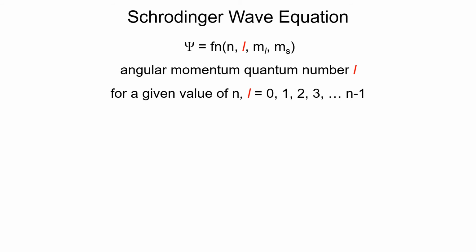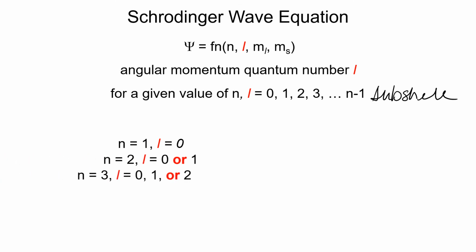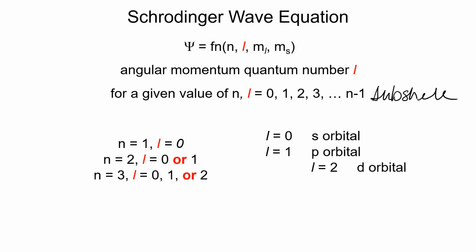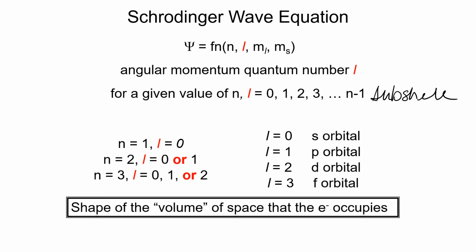You could also think of this as being a subshell. So we have the principal shell, and now we have a subshell. But what it describes is the shape, or the volume of space that the electrons occupy.